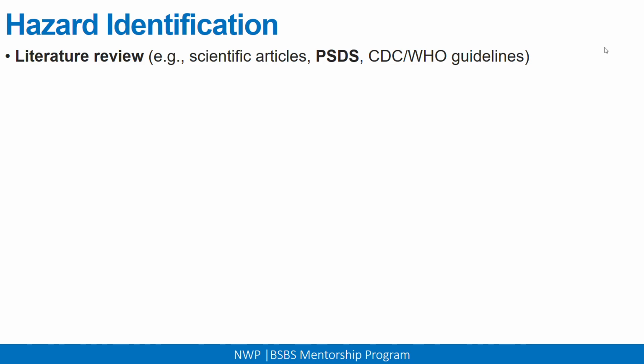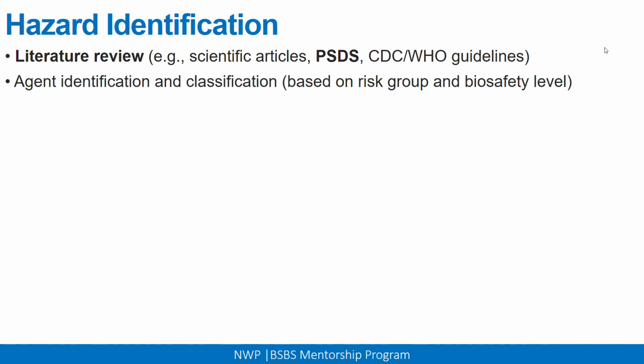Also, you can look at guidelines that come from either CDC or WHO. Another thing is you can look at agent identification and classification. So you need to check, okay, what is the risk group for this biological agent?